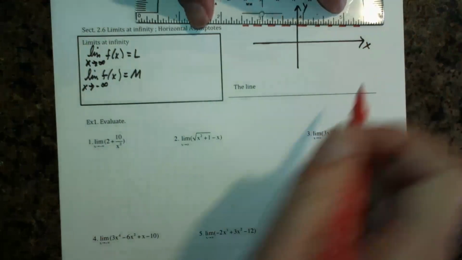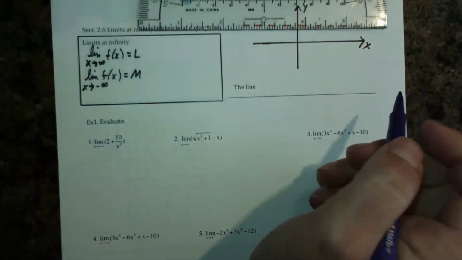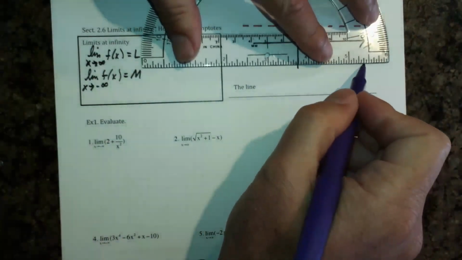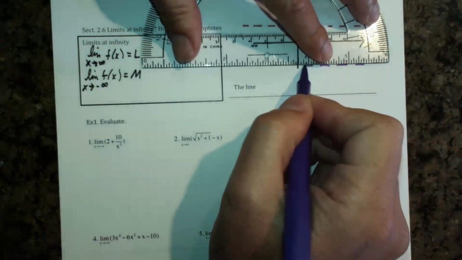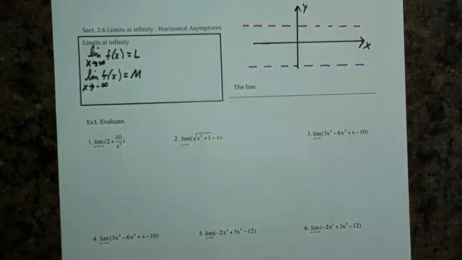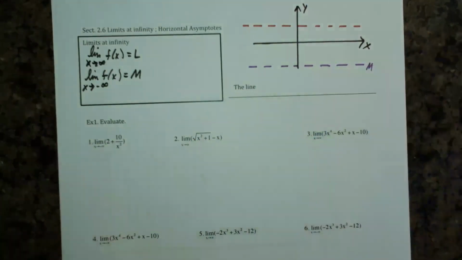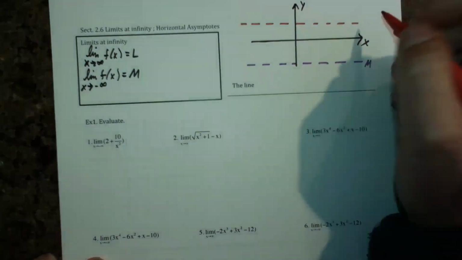And a horizontal asymptote down here. And this is line M. And this one is line L.